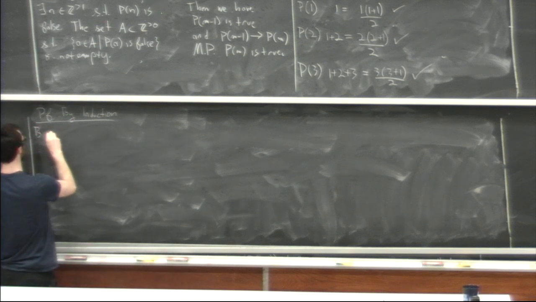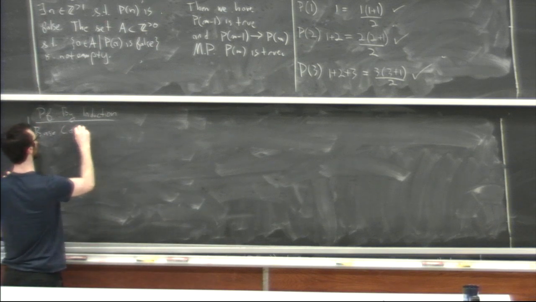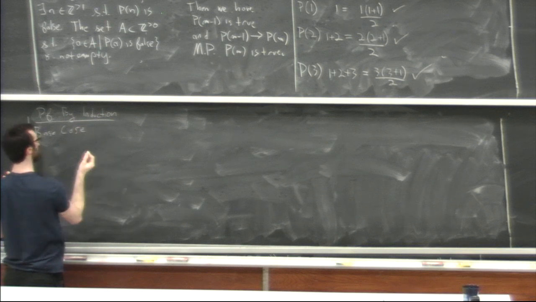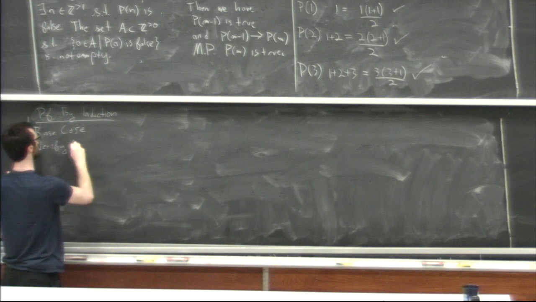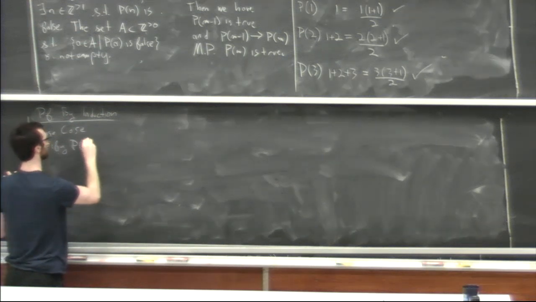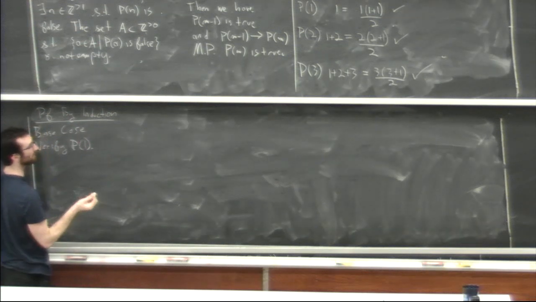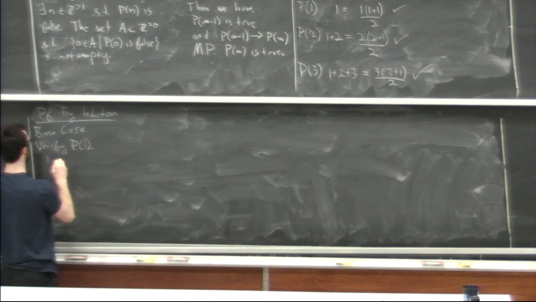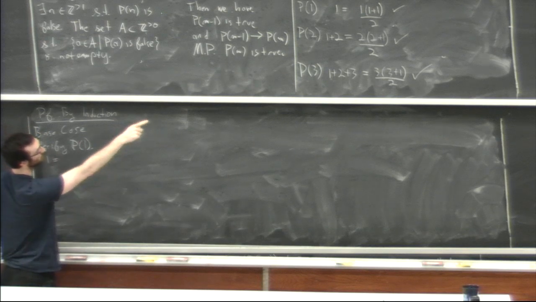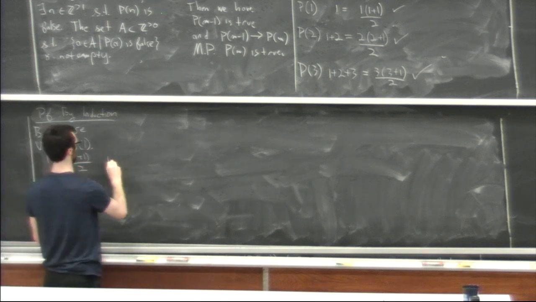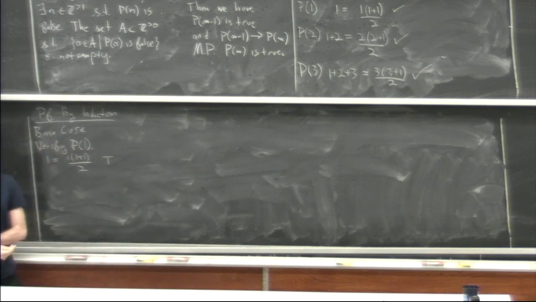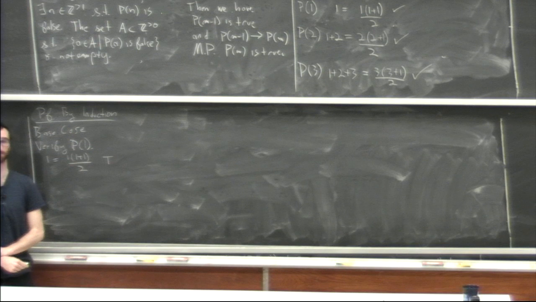So base case, verify that P of 1 is true. And indeed, P of 1 is the assertion that 1 is equal to 1 times 1 plus 1 over 2. And this is true. So P of 1 is a true statement. I have checked the base case.